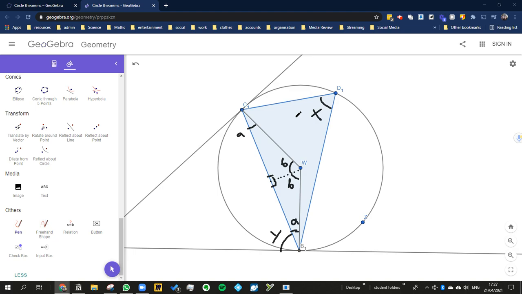Okay, so the next thing that we can say is that because W to B1 is going from the center to a tangent, then going by another circle theorem, which I've proved in a previous video, that angle there would be equal to 90. So in other words, A plus Y is equal to 90 degrees.